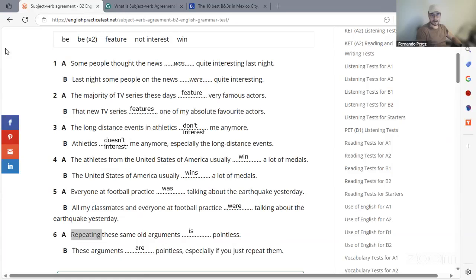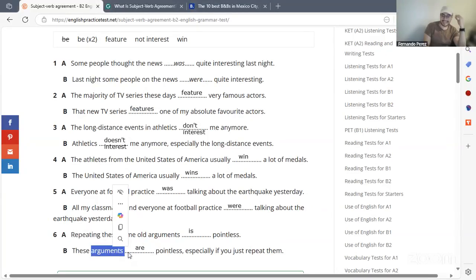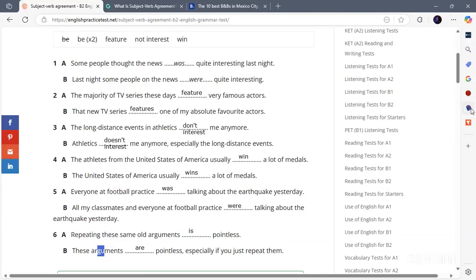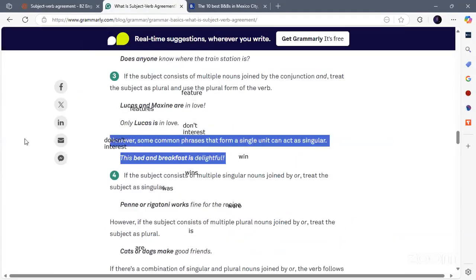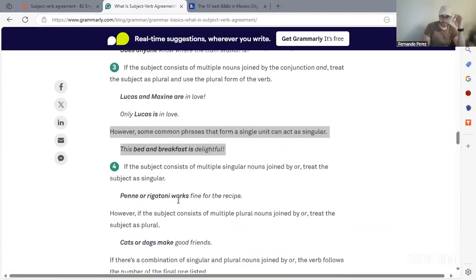Pronunciation. There are some words that I heard today that we need to check carefully. Argue. Arguments. Excellent. Another one, the same issue.